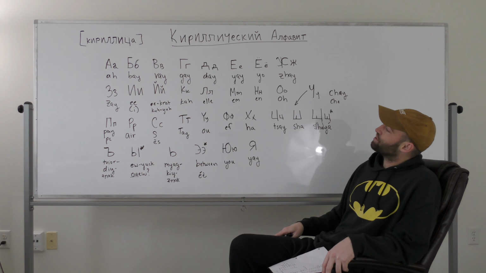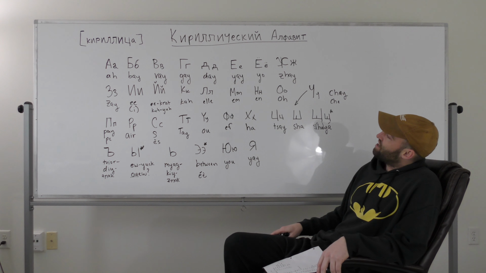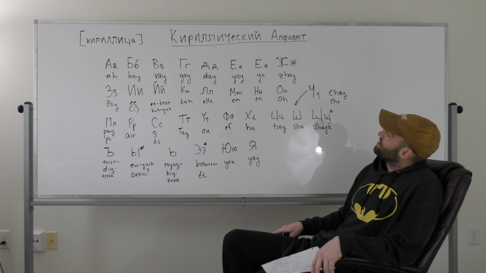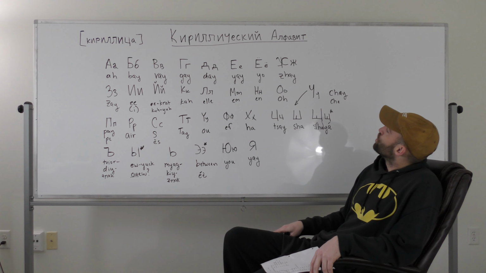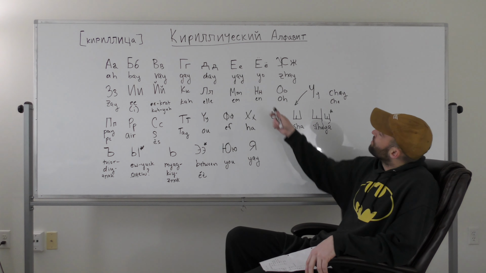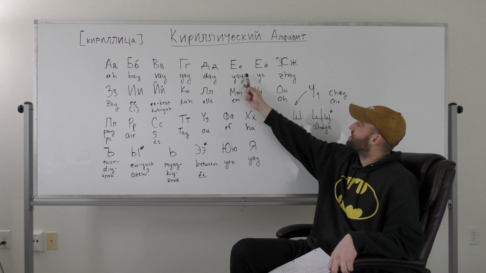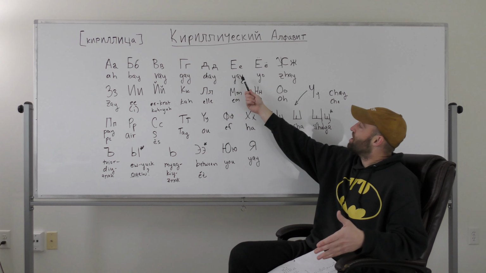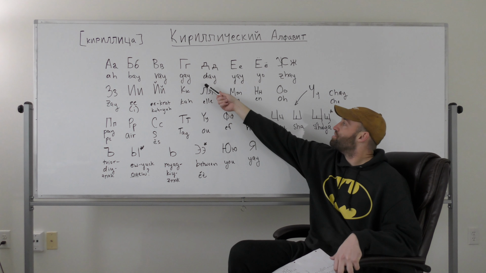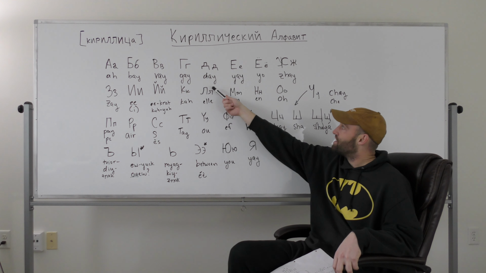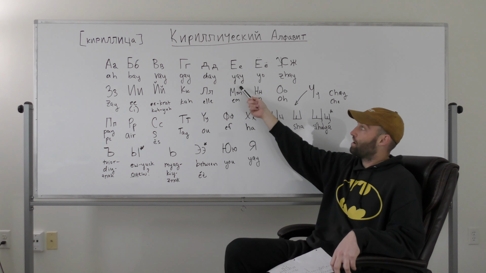So again, I'll read through it again. A, B, V, G, D, Ye, Yo, J. And there you might say, if that was in English, we just read that as ya or yay. Well, it's yay, but in sequence with V, G, D, you're going to go right to yay, not ya.